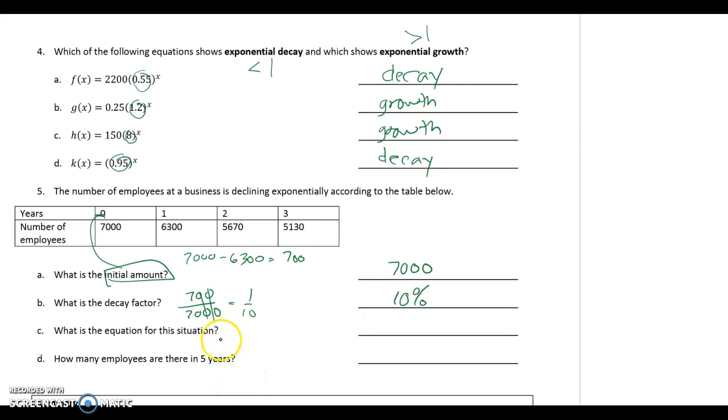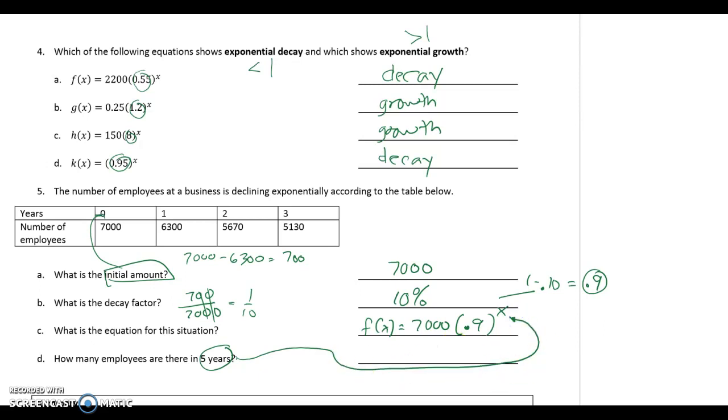What is the equation for this situation? Well, our initial amount is 7,000. Our rate of decay is 10%. Remember now we've got to change that to a decimal and subtract it from 1. So we get 0.9 as our rate of decay, raised to the x power. Then if we're going to figure out how many employees there are in 5 years, we simply put that 5 in for the x.